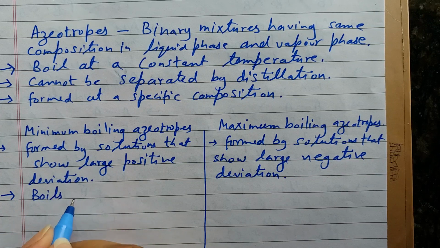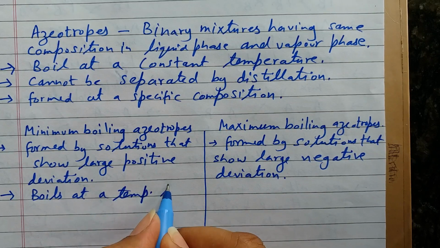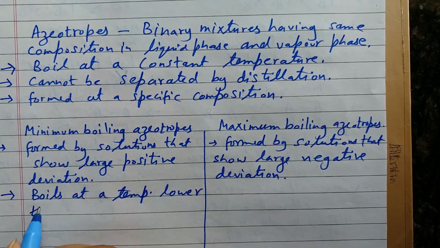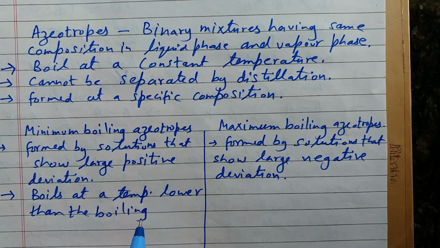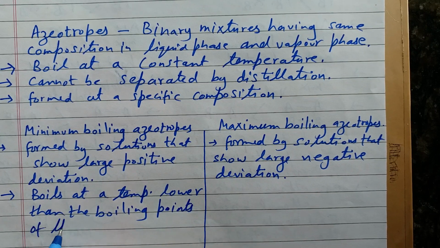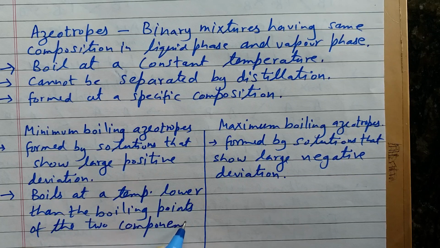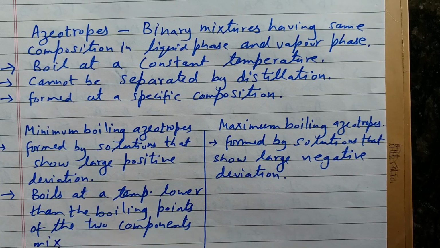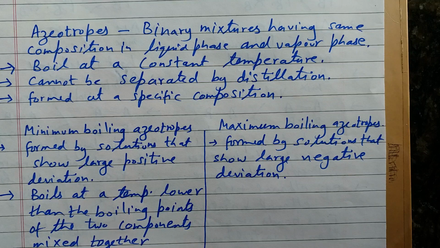This mixture boils at a temperature which is lower than the boiling points of the two components mixed together. So this mixture as a whole boils at a temperature lower than the boiling points of the two components, therefore minimum boiling.